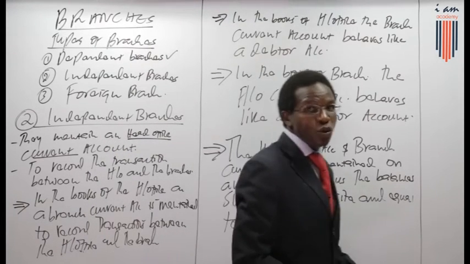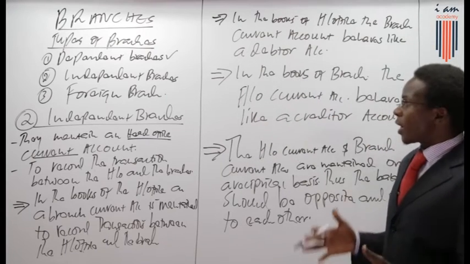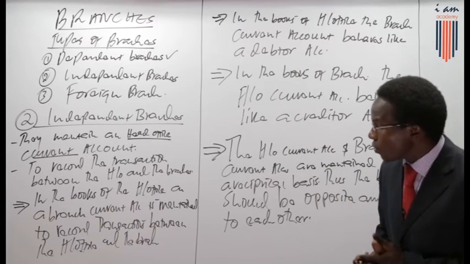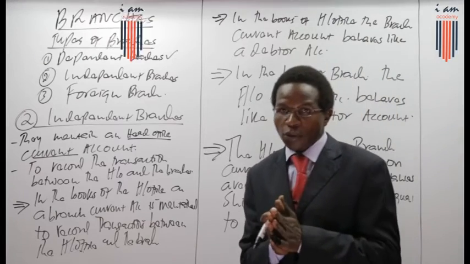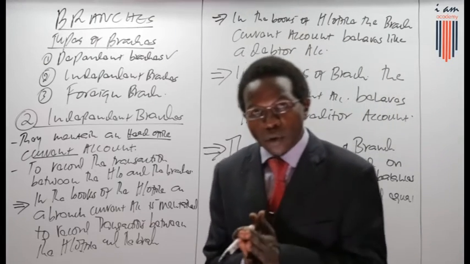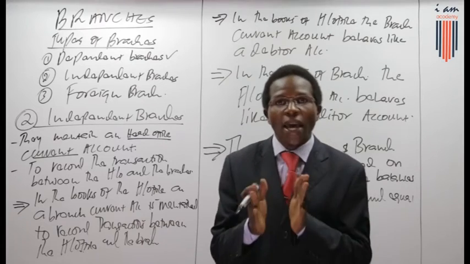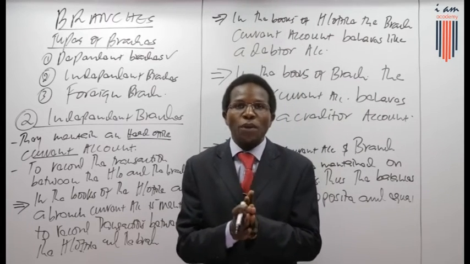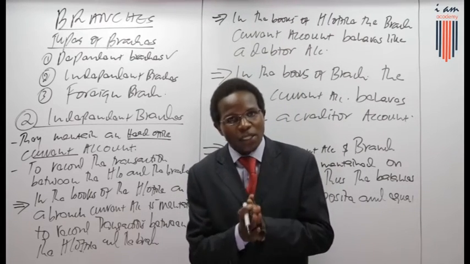That's important, so you need to understand this. I repeat, in the books of the branch, we maintain a head office current account which behaves like a credit account. That's a liability account.